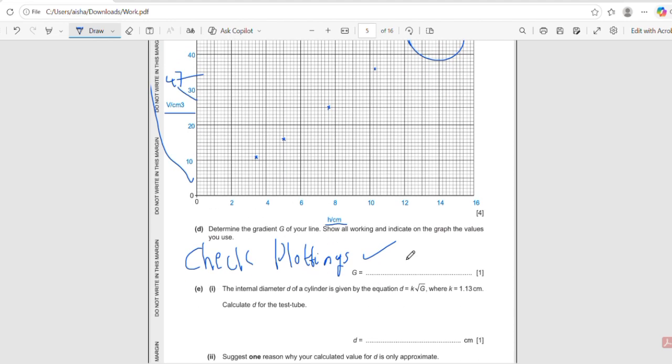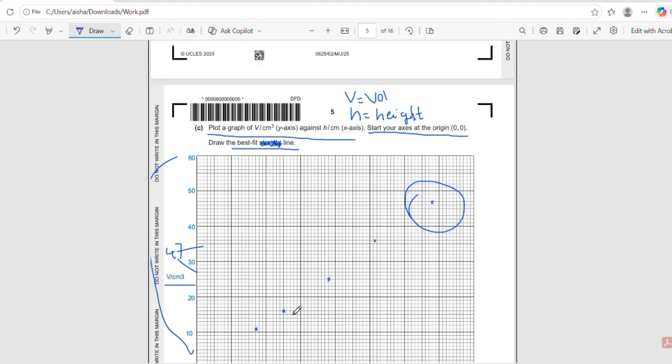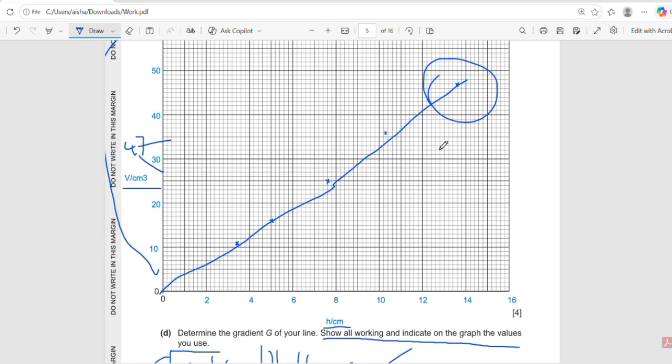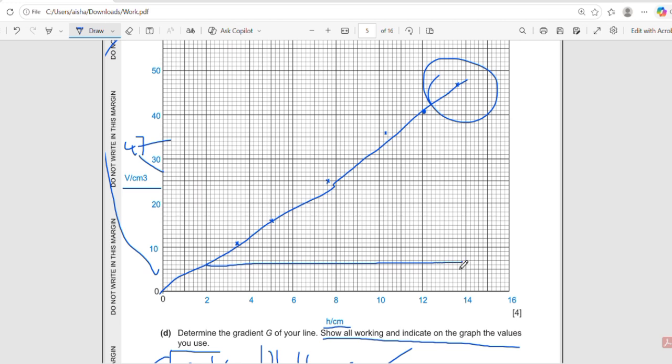Then finally the gradient. For the gradient, when it says show all the working and indicate on the graph the values you use, for example, if I have a straight line like this, just ignore the actual shape, and you have to use a ruler in the actual exam. The working is that you use the triangle method. The triangle method is that you take one point and then another point here, and then you do this and this.